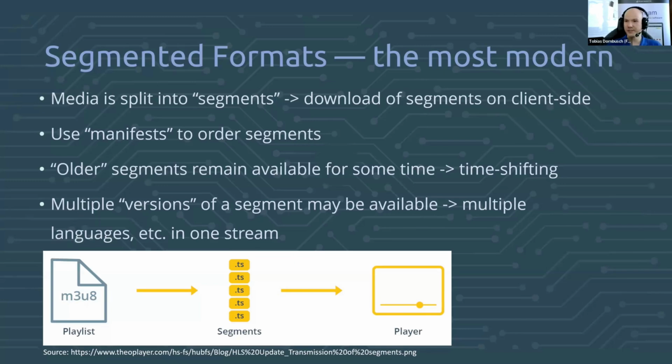Of course, this means that there have to be at least a few seconds of different segments, but in a lot of cases, the CDN can keep minutes or even hours worth of content before discarding them, and that is how you get time shifting. That is to say, the option that a client can jump back in the stream and listen to, for example, what was talked about or the music that played an hour ago.